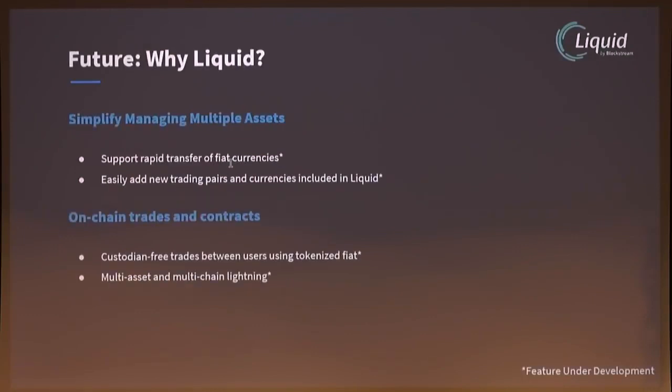And in the future, when there's multiple assets, we can do the same for fiat currencies. So that would also be better for liquidity, because Bitcoin is only one part of the trades, right?